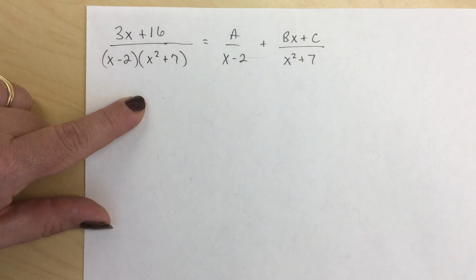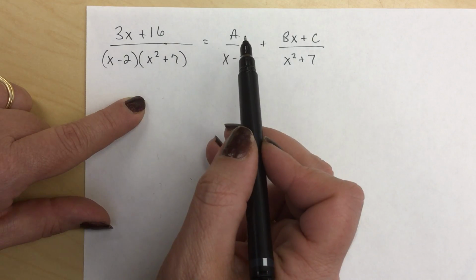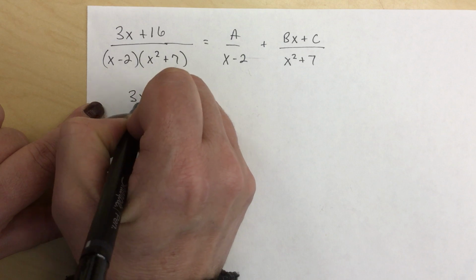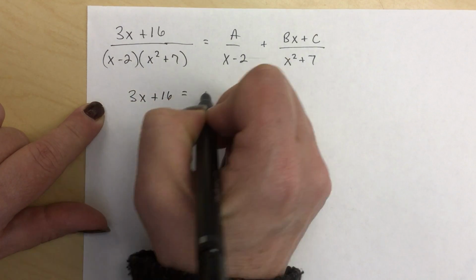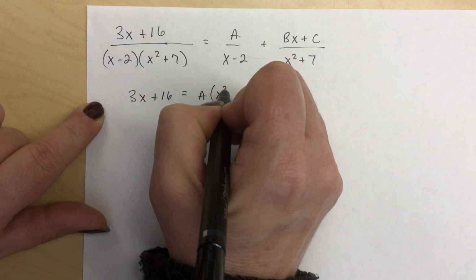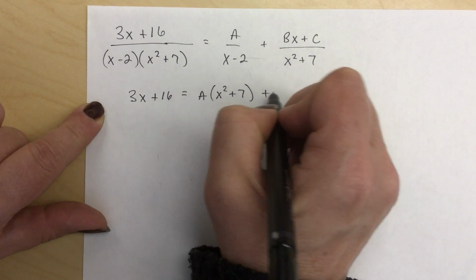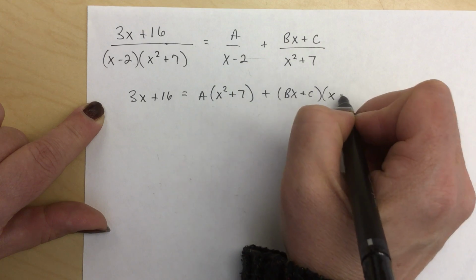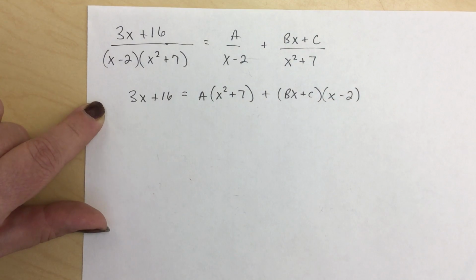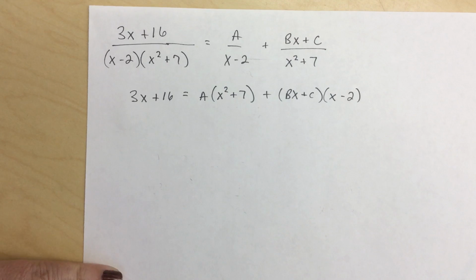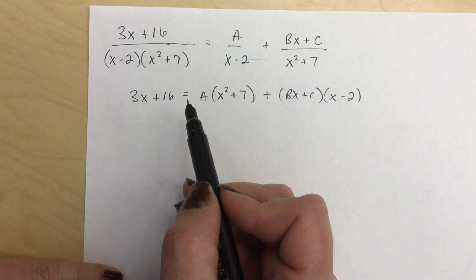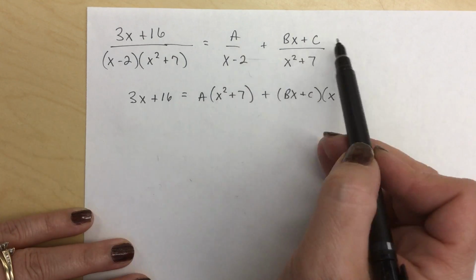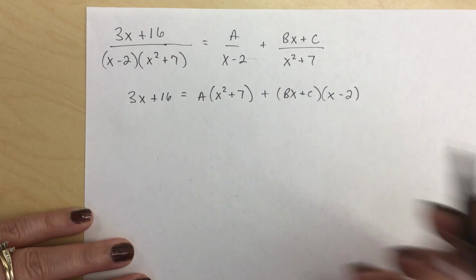It would be awesome. Okay, so now we're going to multiply everything by this denominator. So that's going to give me 3x plus 16 equals a times x squared plus 7 plus bx plus c times x minus 2. It's kind of nice because I only have two things in my denominator, two factors, so I've got to just take a times that factor and bx plus c times the other factor.